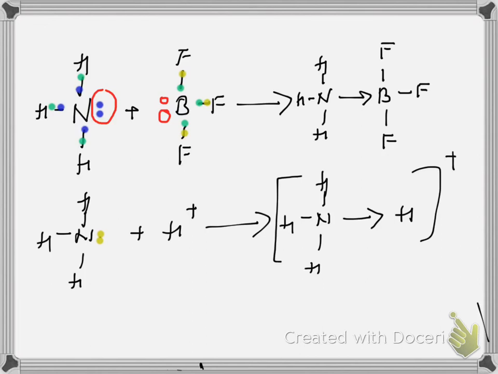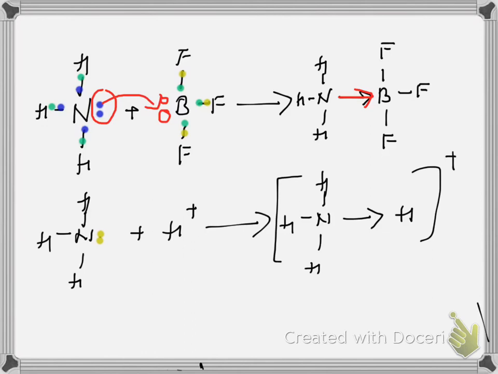To compensate for this deficiency, these 2 electrons can be shared with the vacant orbital of boron. So we can draw like this. Nitrogen donates its shared pair to boron. It is not a transfer of electrons, mind it.